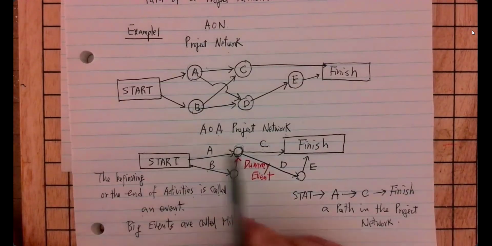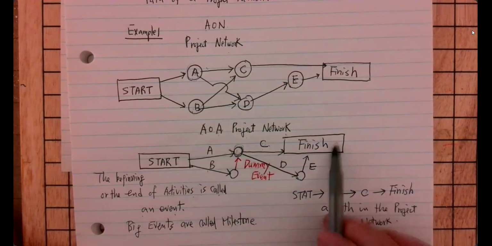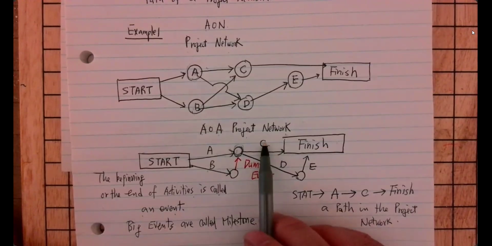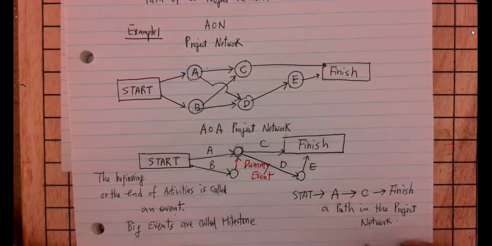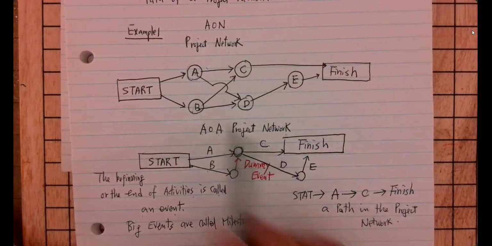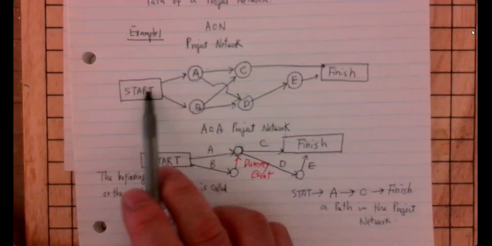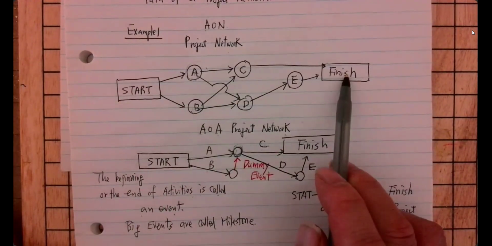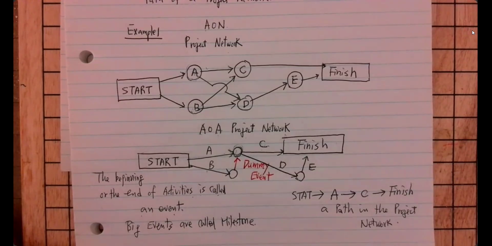From start to A to C to finish. Same thing, from start to B to C to finish. This is another path. If you look at the AOA project network, start to A to C to finish, this is called a path. So what's the duration of the path?